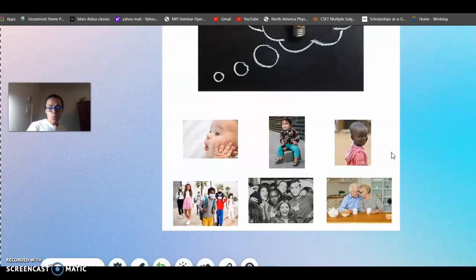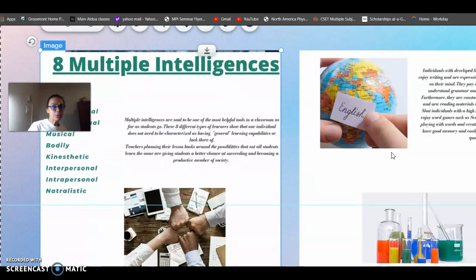Next, we'll talk about the 8 multiple intelligences. Now, these are said to be one of the most helpful tools in a classroom for students. There's 8 different types, and they show how one individual does not need to be characterized as having general learning abilities or lack thereof, like a standardized test.